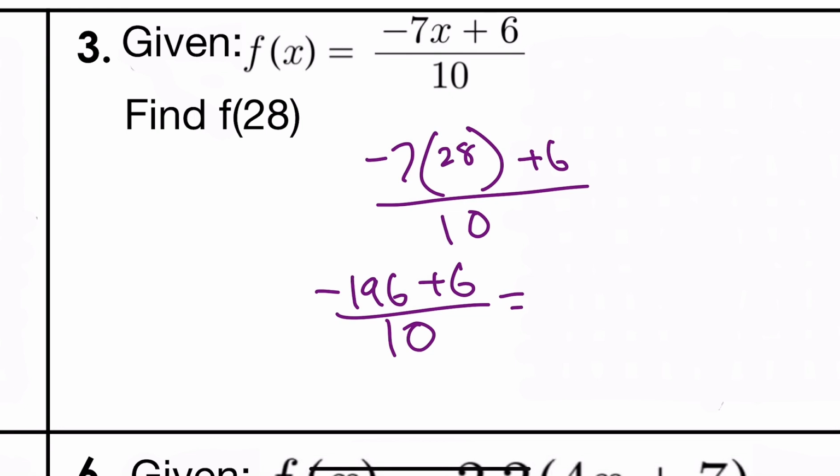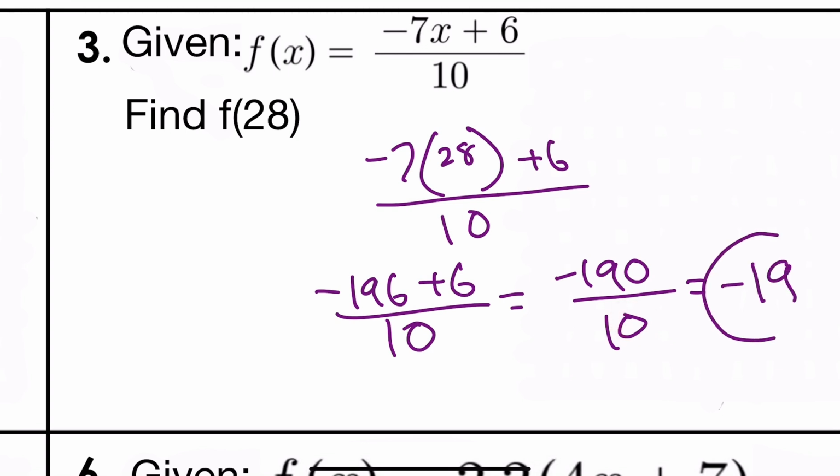That's going to be -190. Like I said, I'm using a calculator here. I expect you to do the same. I don't know these off the top of my head, and neither should you. So now we have -190 divided by 10. That's going to be -19. And there's our answer.